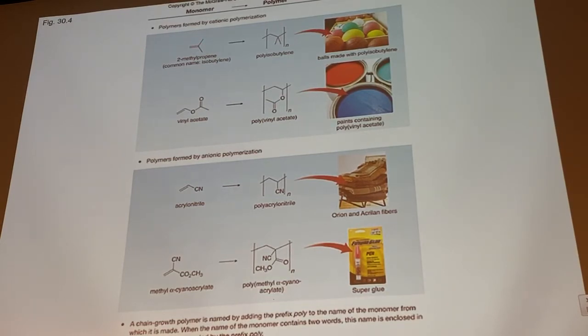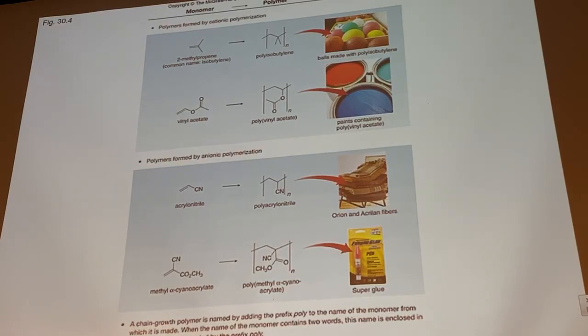Okay, so tertiary carbocation, more stable form of carbocation. That gives us polyisobutylene, which is going to have two methyl groups on every other carbon. I'm not sure why that makes it an ideal substance for generating balls, but basketballs, kickballs, other sorts of balls that kids will play with on the playground, commonly made from polyisobutylene.